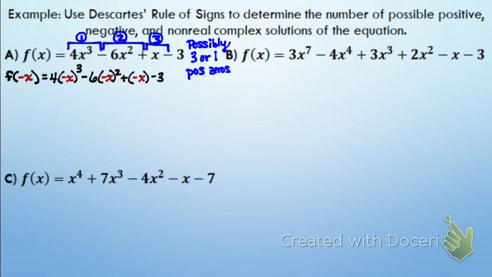Negative x cubed. Will my output have the same sign or the opposite sign? Same. If I take something to an odd power. Sorry, I'm just looking at this first term and just simplifying that. I'm not looking at anything else here. It's going to come out negative. I'm going to have a negative 4x cubed here.